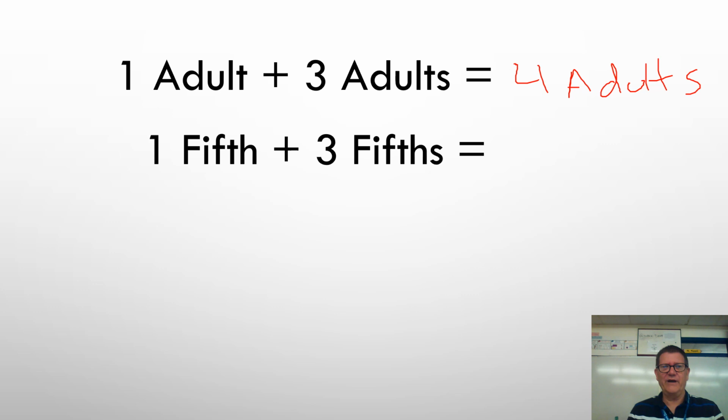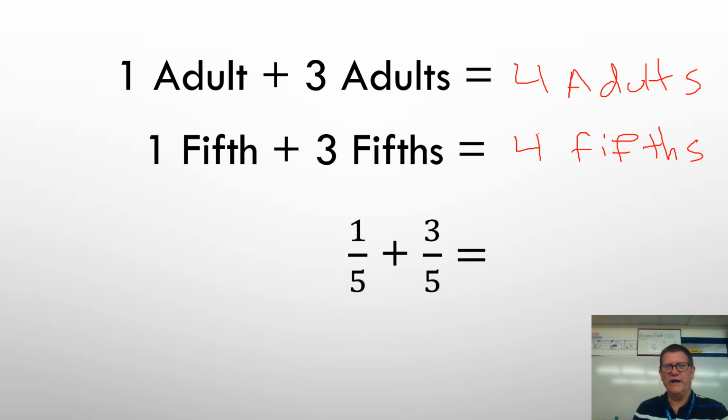Same thing if I have 1/5 plus 3/5, I'd obviously get 4/5. Now the way that would look in a fraction, I'd have 1/5 plus 3/5, and it would be 4/5. We add our numerators, and our denominator stays the same. Let's say we had a pie, okay?